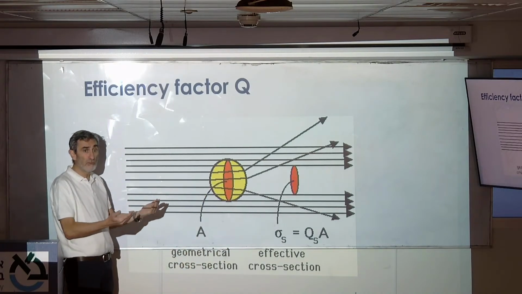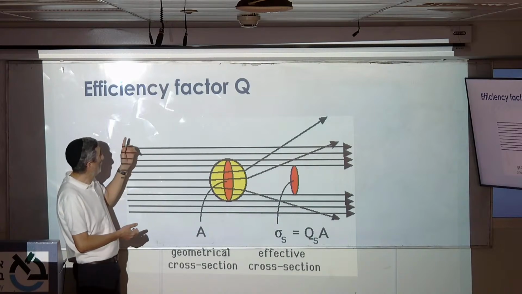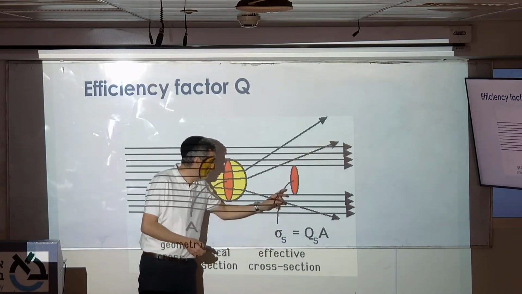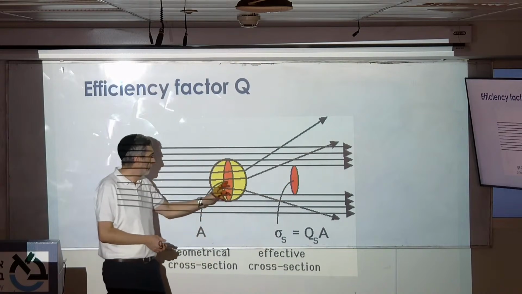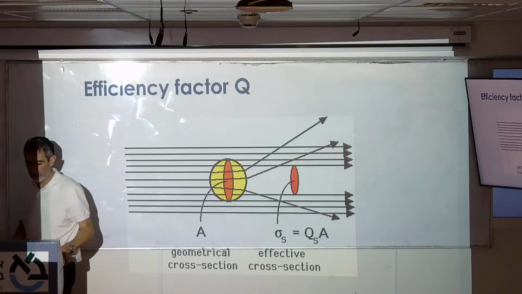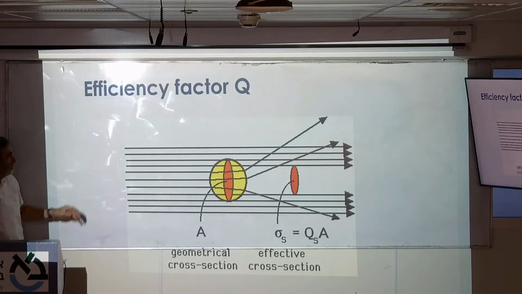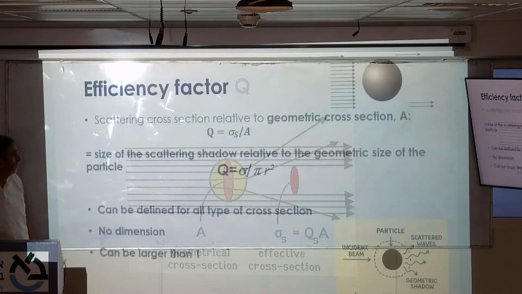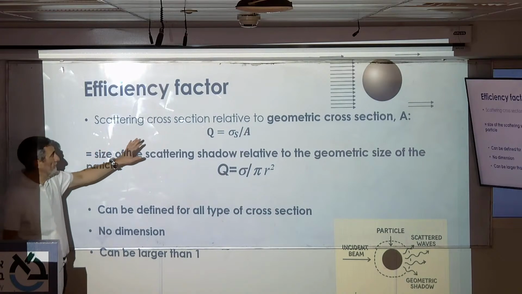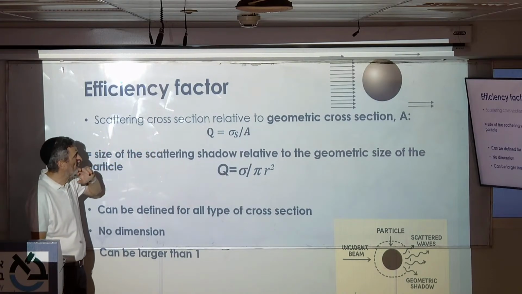The ratio between the two is called the efficiency factor. So Q is sigma S, the scattering cross section, over the geometrical area of the object. So that's the definition of the efficiency factor: the scattering cross section relative to the geometric cross section.